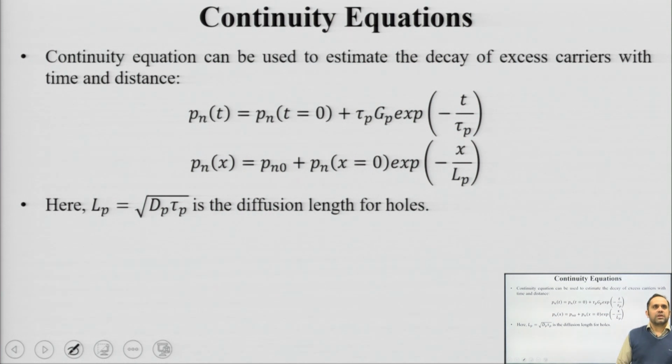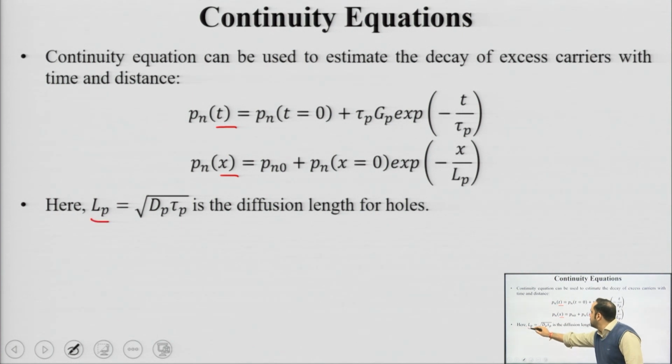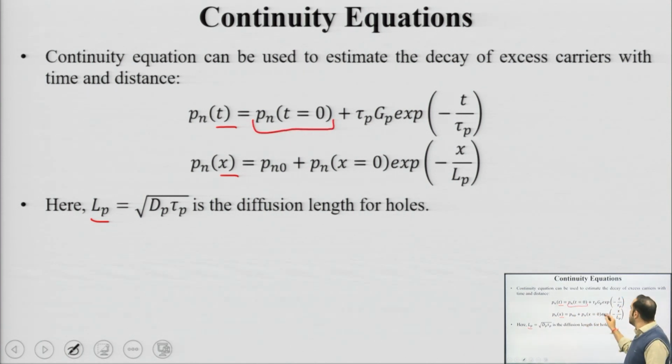So, this is another variant of your continuity equation. This is the application. It can be used to estimate the decay of excess carriers with time and with distance. This Lp you can also write Ln, this is the diffusion length, the amount of distance your excess charge carriers travel before they recombine. So, at time t equal to 0 you have an equilibrium concentration plus whatever happens because of generation.